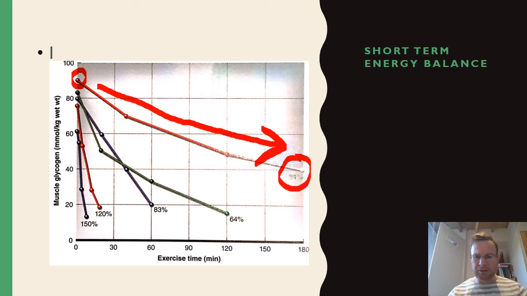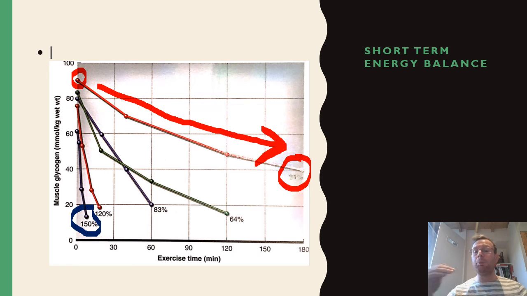Now, this person is exercising at 150% of their VO2 max, which sounds odd, but if you think about your VO2 max, you're finding the maximal amount that you can take in and use, so the maximum amount of oxygen you can take in and use during exercise. Now, if I work anaerobically, I can work at a higher intensity than my 100% VO2 max.